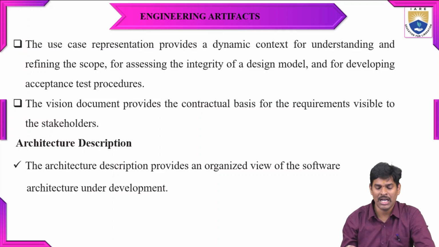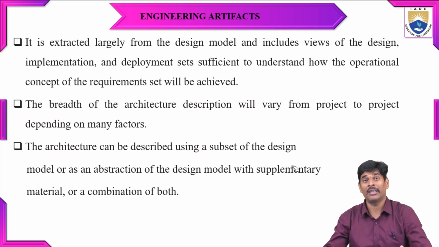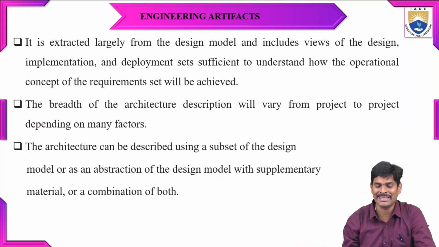And the second one is the architectural description. In the architectural description, they are mainly going to organize the different types of components and how they are going to build the software architecture under development. This is the detail about the architecture description, and they need to extract it largely from the design models.